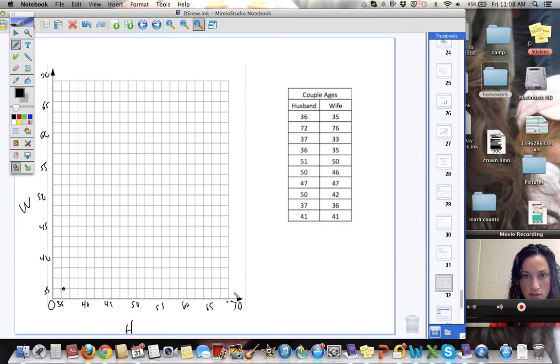So husband's age is 36, wife's 35. 72, 76, that's going to be somewhere up here. 37, 33. 36, 35. Didn't I already do that? So that's the same point, I don't need to do it again. 51, 50. 50, 46. 47, 47.